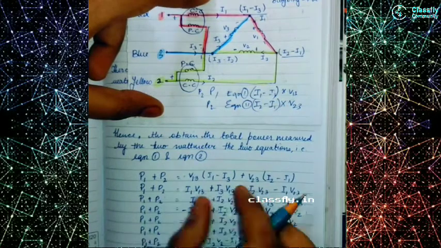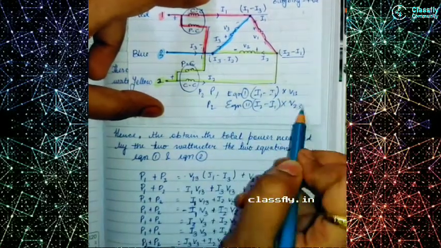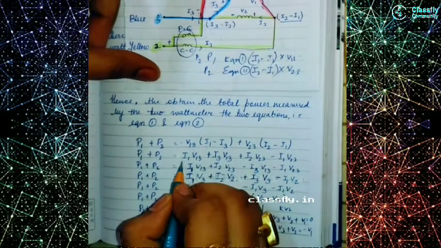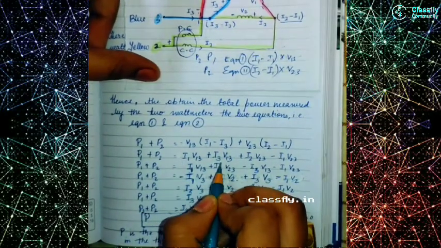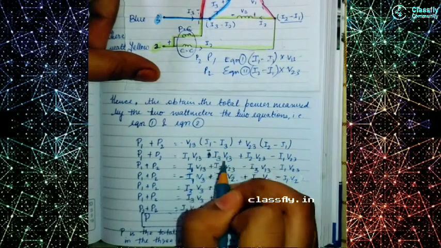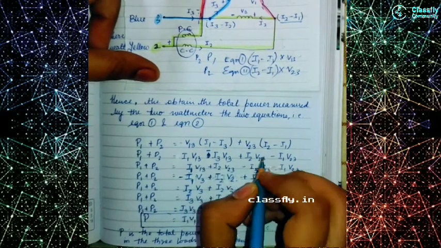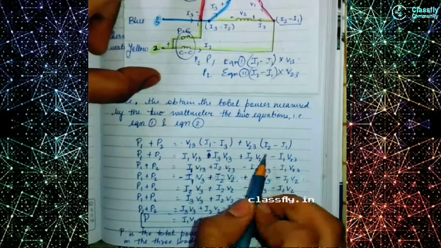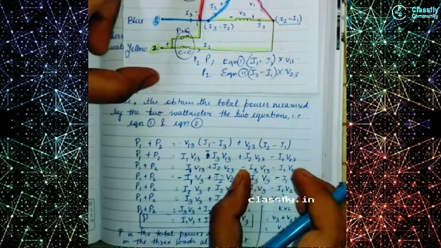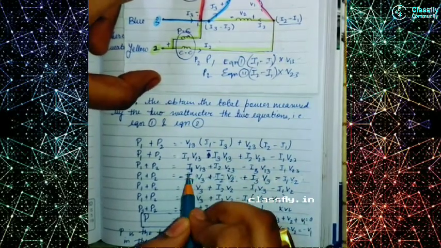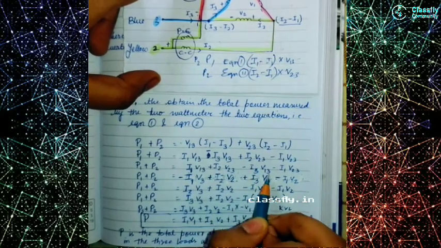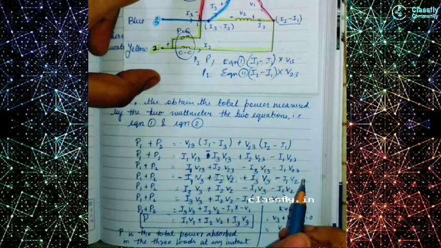So P1 plus P2, you put all these equations and do the multiplication. So you will get I1 V13 minus I3 V13 plus I2 V23 minus I1 V23. You will take all the positive on one side and all the negative on the other side. So I1 V13 plus I2 V23 minus I3 V13 minus I1 V23.